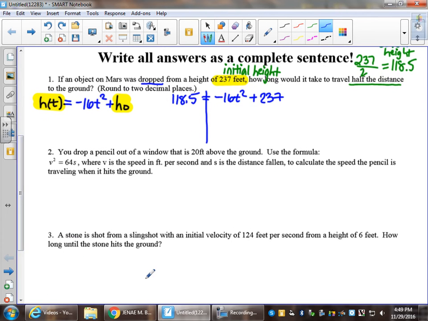Number 2, you drop a pencil out of a window that is 20 feet above the ground. Use the formula. In class, I stressed, whenever you have a formula, highlight it. Where v is the speed in feet per second, and s is the distance fallen.